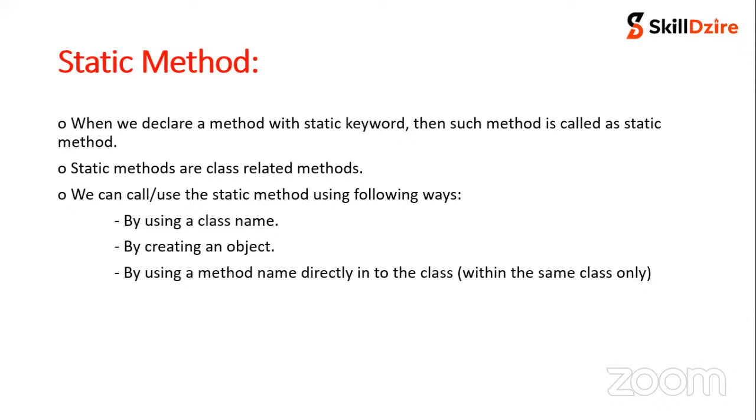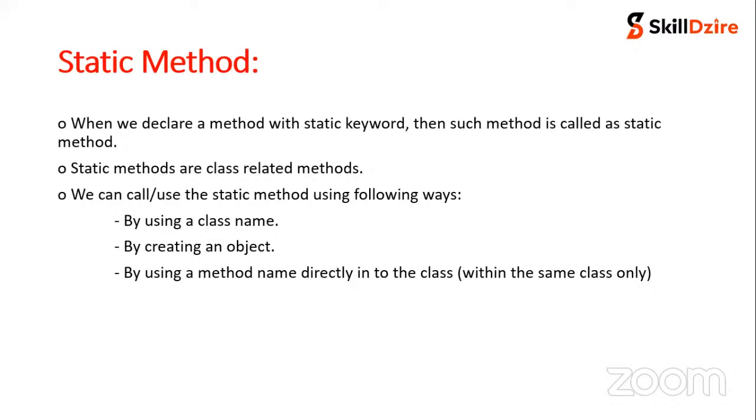We can call these static methods in three ways. How can you use them? First, by using the class name. In whichever class you have written that static method, you can call the static method using that class name. The second way is by creating an object. In whichever class you have written that static method, using that class's object, you can call the static method.